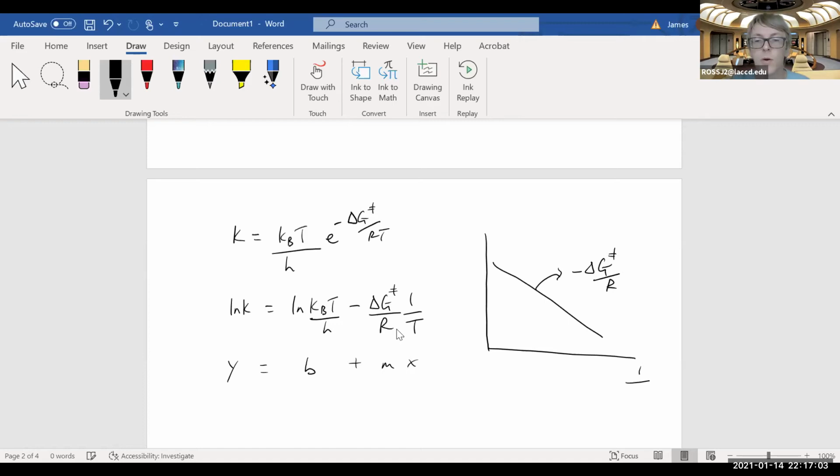You'd plot this against 1 over temperature. You could have log k if you like. And obviously the intercept would be log Boltzmann constant T over h.